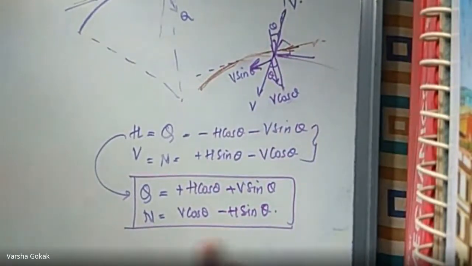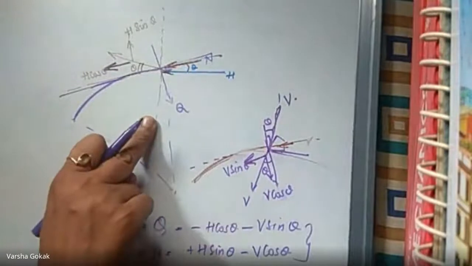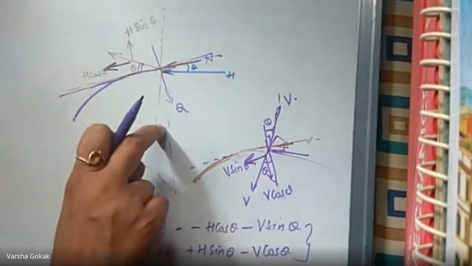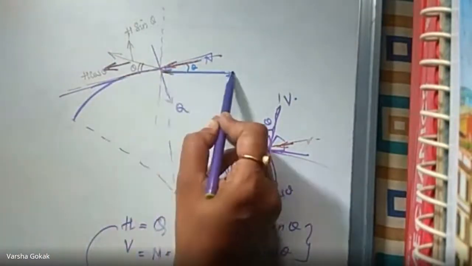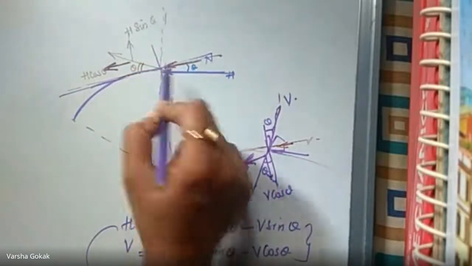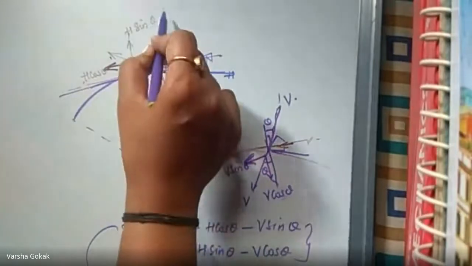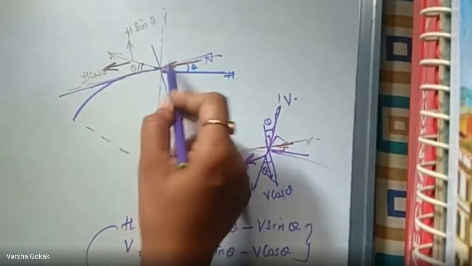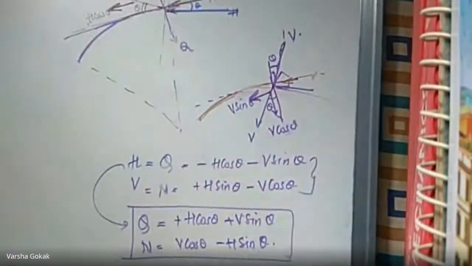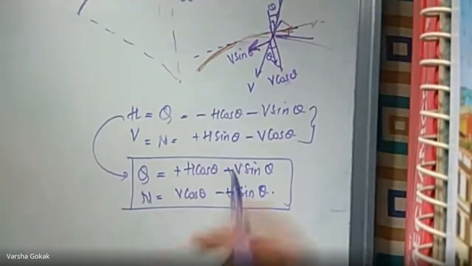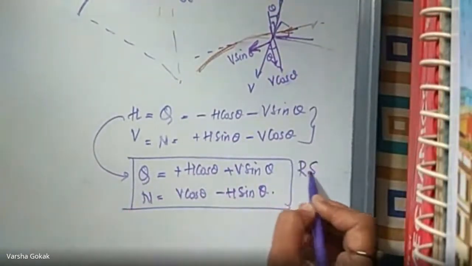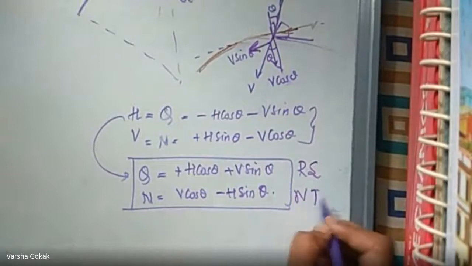How this equation came is from this derivation. They will not ask you for this, but you should know, if I have a horizontal force and a vertical force, the components of the horizontal force are H sin theta, H cos theta, and the components of the vertical force are V cos theta, V sin theta. Based on the sign conventions, we get the equation for Q, the radial shear, and N, the normal thrust.